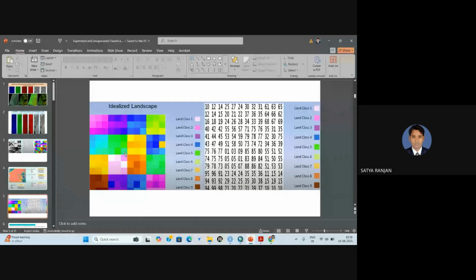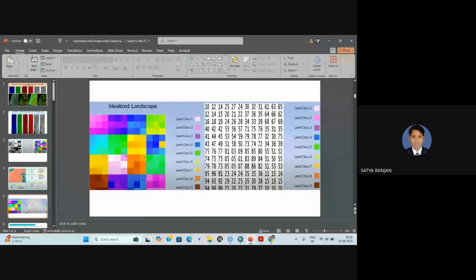After identification, with some field work and field-level information, the accuracy of manual identification is very high. But there are some issues. Suppose we have to digitize the land use and land cover classification of a district or a state, it takes time.